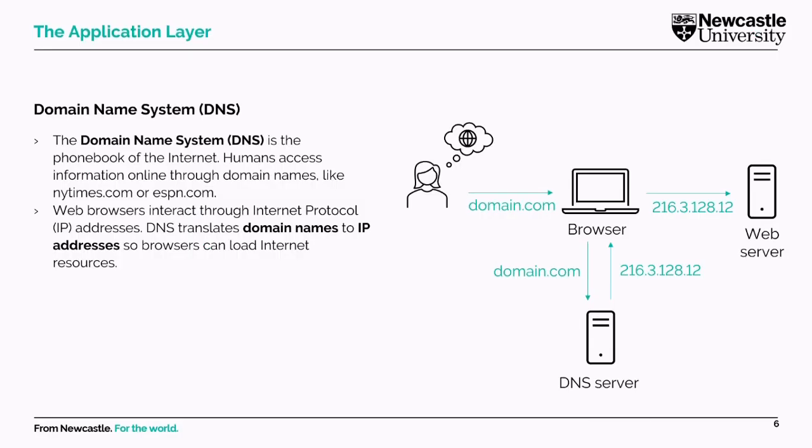So let's talk about DNS first. DNS stands for Domain Name System, and the idea is that we've talked about how IP addresses can be used to uniquely identify any network or computer or machine across the internet, but we're really bad at remembering IP addresses, but we're much better at remembering names of things.